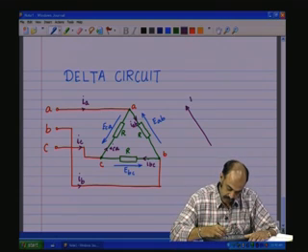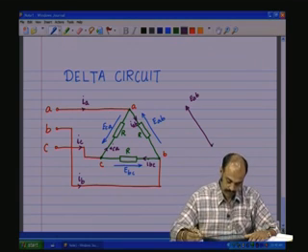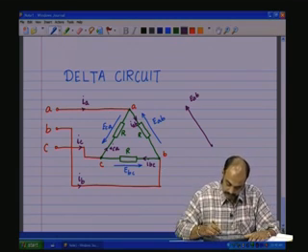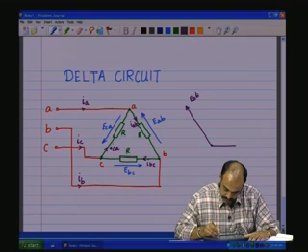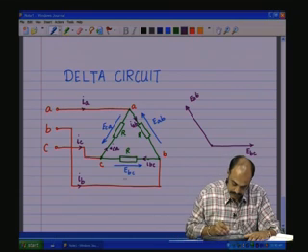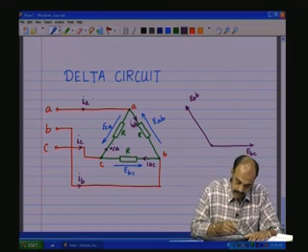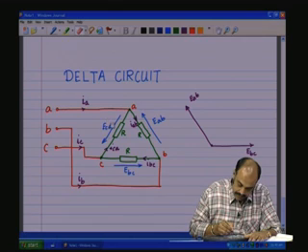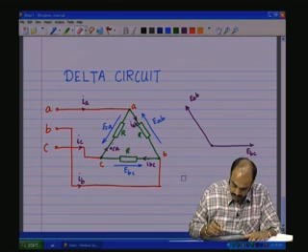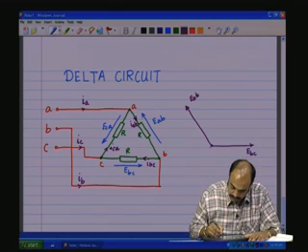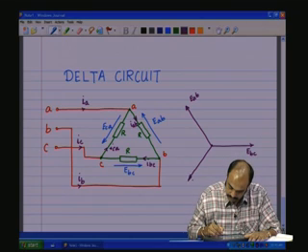So, let us call it as EAB, EBC as shown here. Then we see that ECA. So, we draw from here the ECA.